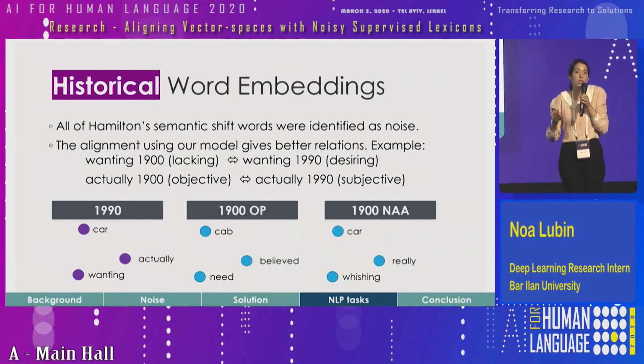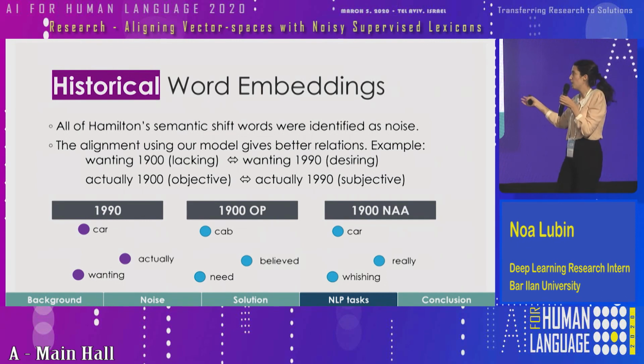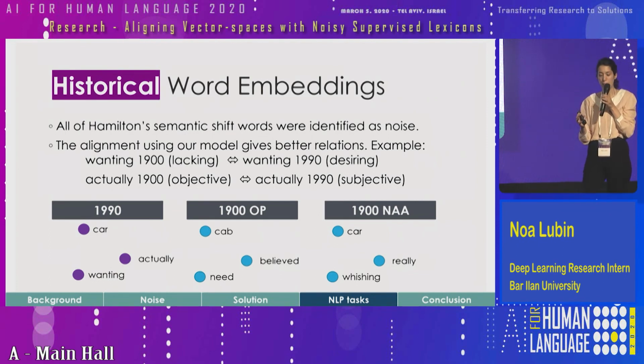And in addition, words that haven't changed their semantic meanings, for example, the word car, are still mapped to car and not to cab, like we saw in the synthetic experiment, that incorrect translation pairs can cause a total misalignment of the entire setup.